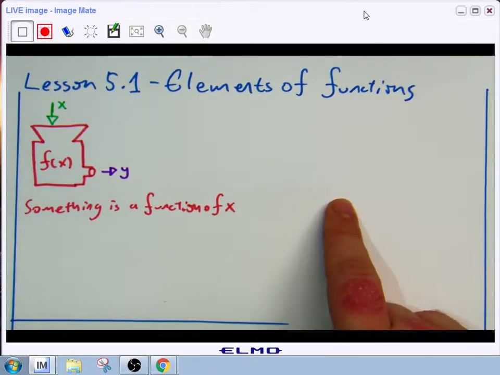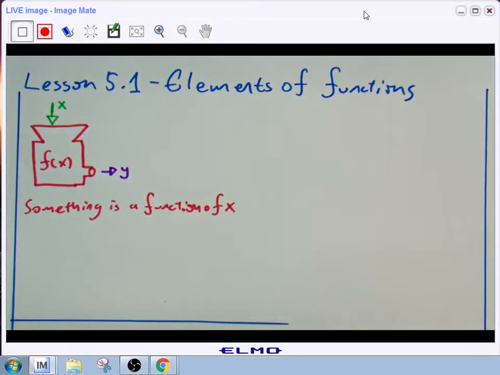All right? Now the thing is, when we put in an x, we get only one y out. Okay? If I put beef into the machine, I get ground beef out. If I put turkey into the machine, I get ground turkey out. If I put in my cat Emma, I get ground cat out.